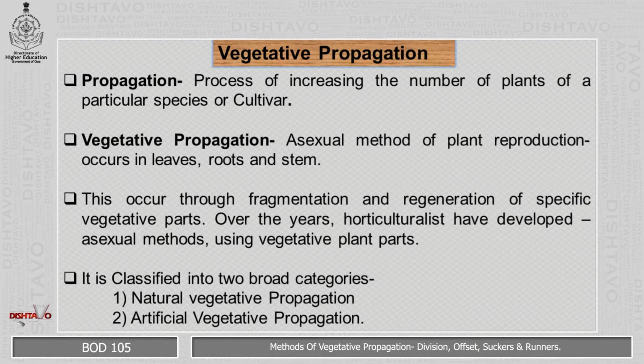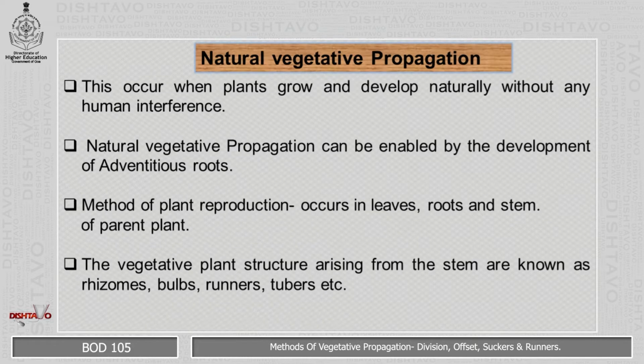It is classified into two broad categories. One, natural vegetative propagation, and second, artificial vegetative propagation. Now we will see what is natural vegetative propagation. This occurs when plants grow and develop naturally without any human interference.